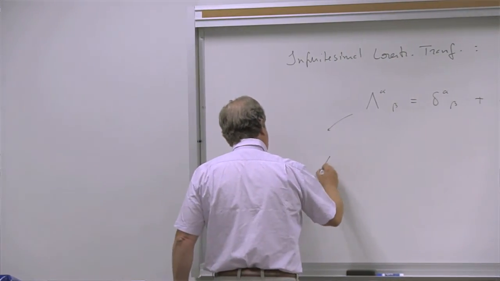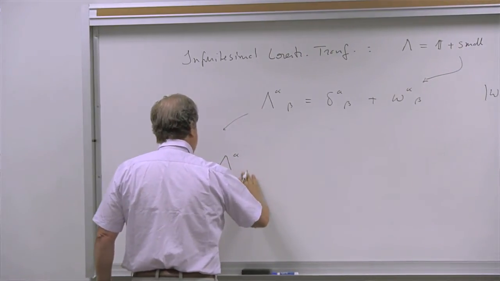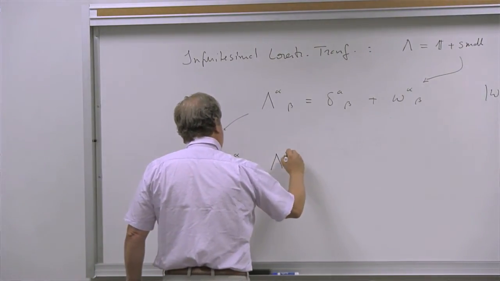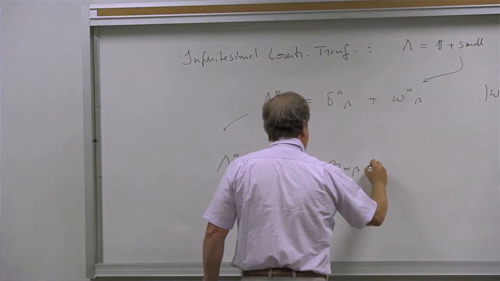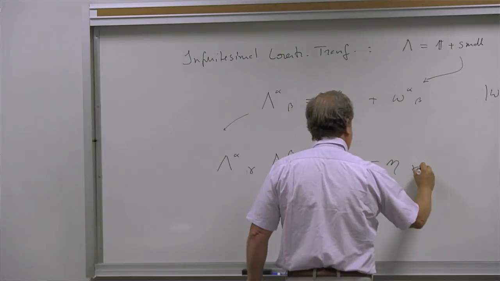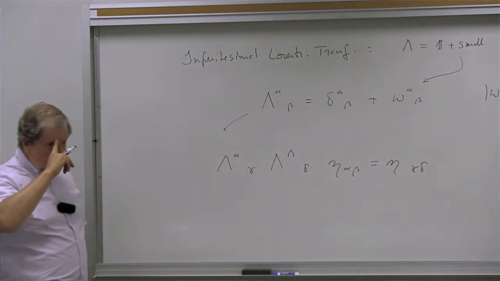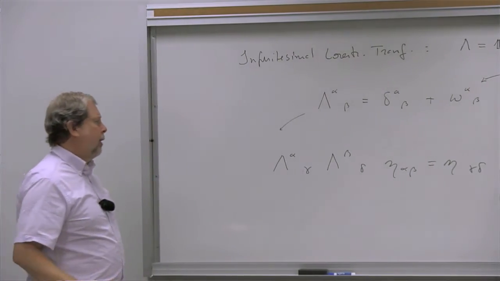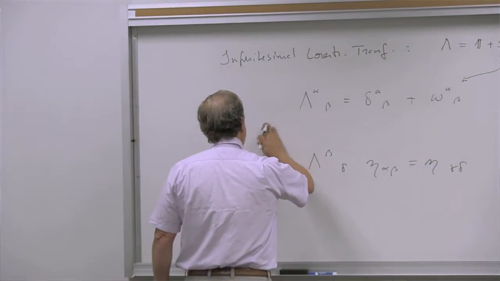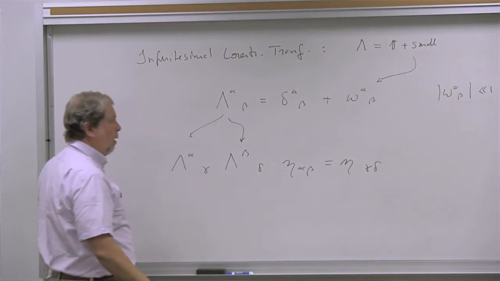That is, we know that lambda alpha gamma, lambda beta delta times eta alpha beta is equal to eta gamma delta. That's the requirement that these things be actual rotations. It's like an orthogonality constraint. So we stick that in here, and we stick that in there as well.